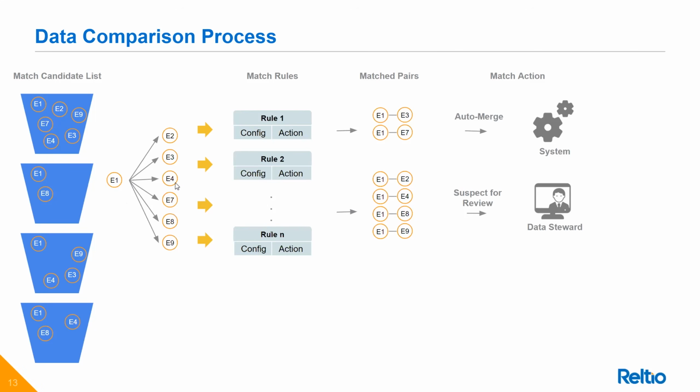So technically you should take them out, right? We don't do that automatically, but there are APIs available for you to take that particular crosswalk out when there is a change in the underlying match rules. So there is no automatic unmerge that we support currently.